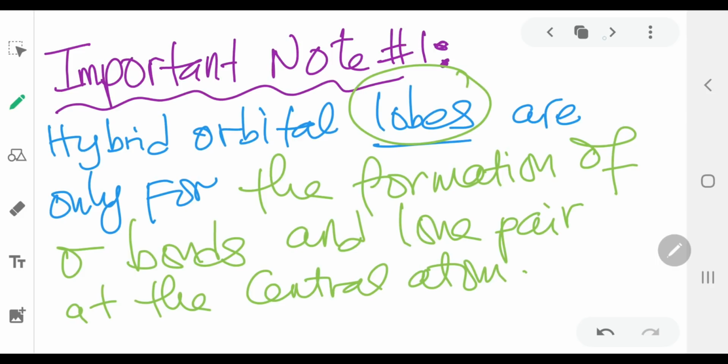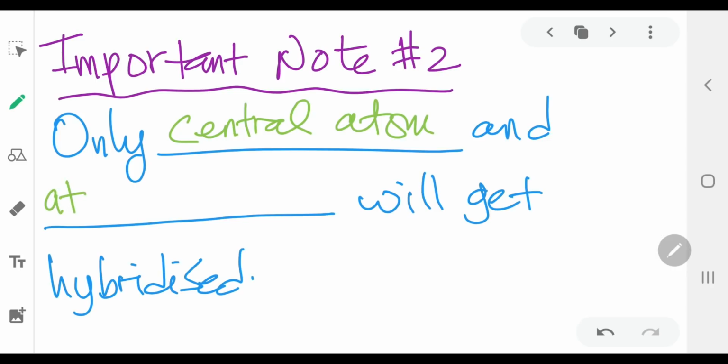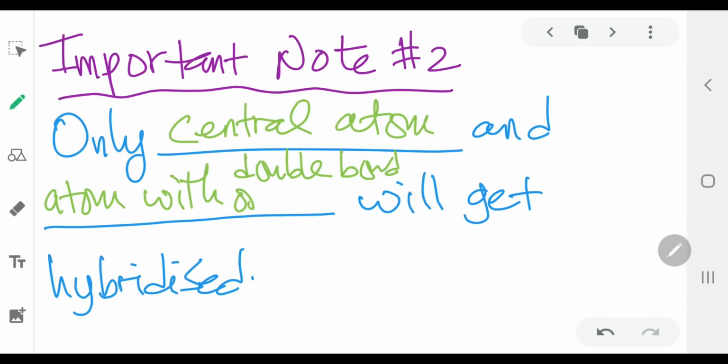So speaking of that, important notes number 2, you need to remember only the central atom and atoms with double bond or triple bond will get hybridized.